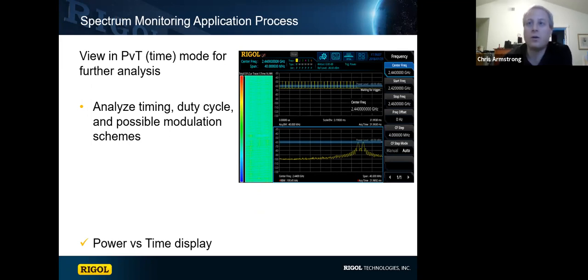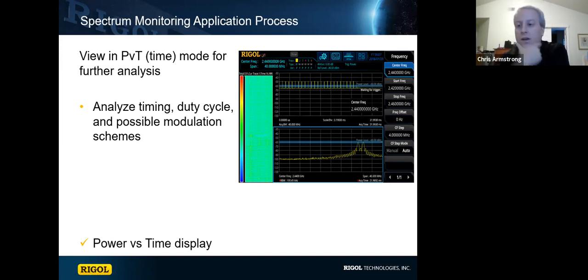So you can look here where we're looking at the power over time, as well as the spectrum. And in this case, looking at the waterfall on the side here.